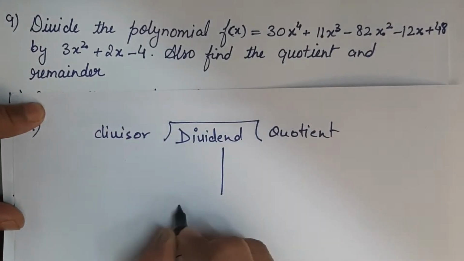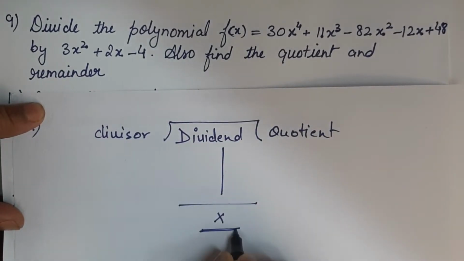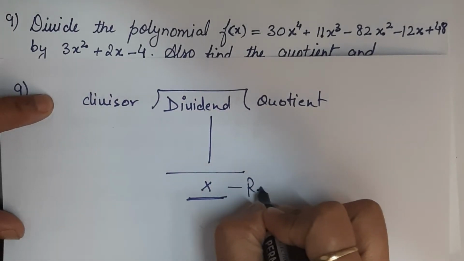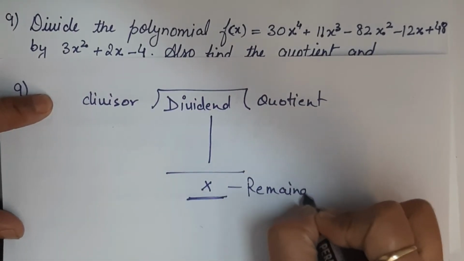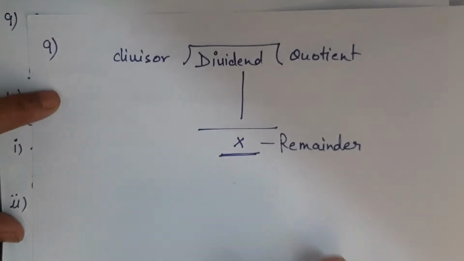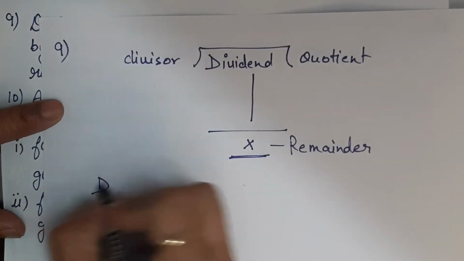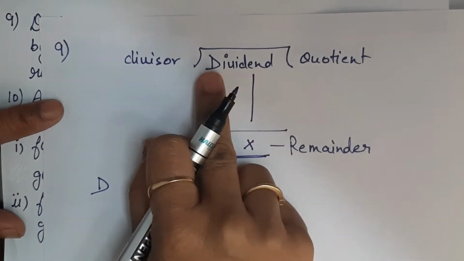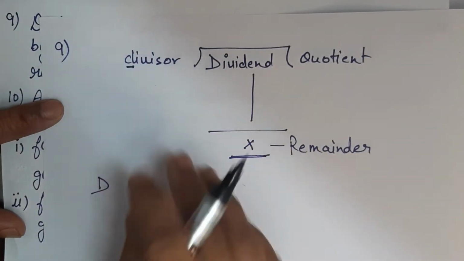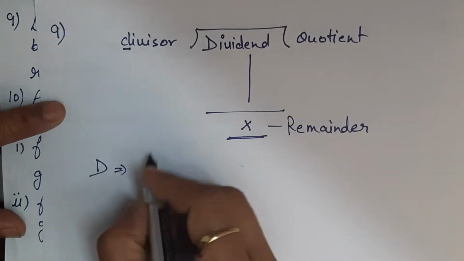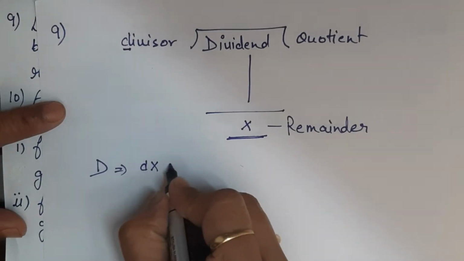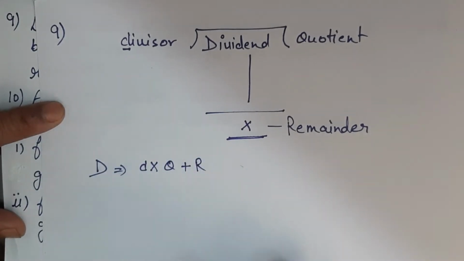And when we solve this, the end result which we get is the remainder. Okay. Right. So what is the formula for this? To find the dividend, I am denoting the dividend with the capital D and the divisor with the small d. So dividend is actually equal to divisor multiplied by the quotient plus the remainder.